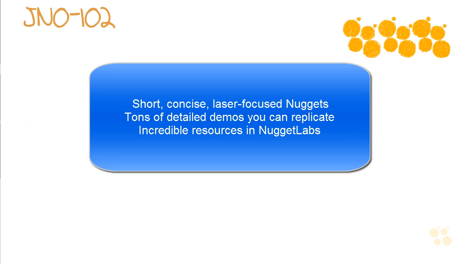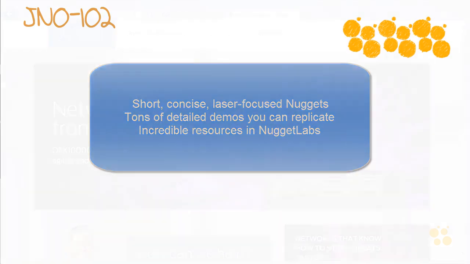Number two, I wanted to ensure tons of demonstrations that you can very easily follow along with. And number three, I wanted to provide better resources than I ever have before in the Nugget Lab files, including electronic flashcards that will literally ensure you are mastering the most important topics that we cover in this particular course.